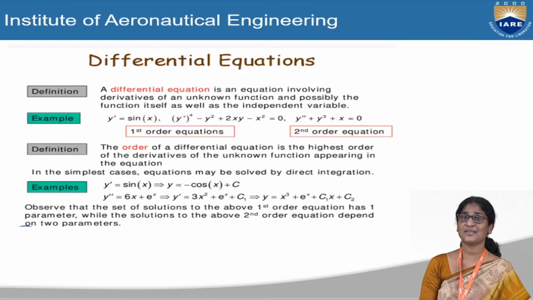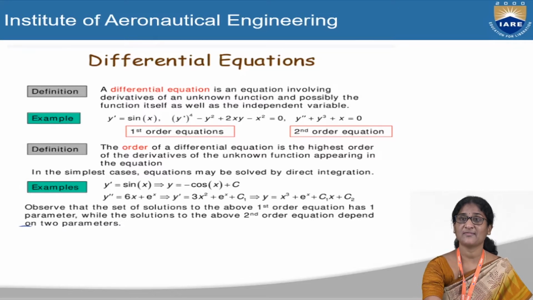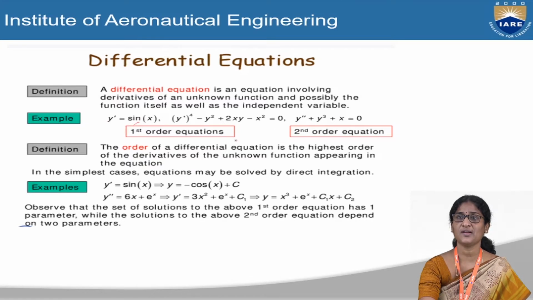The order is nothing but the number of times a dependent variable is differentiated with respect to the independent variable. In the above case where I have given an example, y dash is equal to sin x, the order is 1, and in the third case y double dash, the order is 2. So the order of a differential equation is the highest order of the derivatives of the unknown function appearing in the equation.